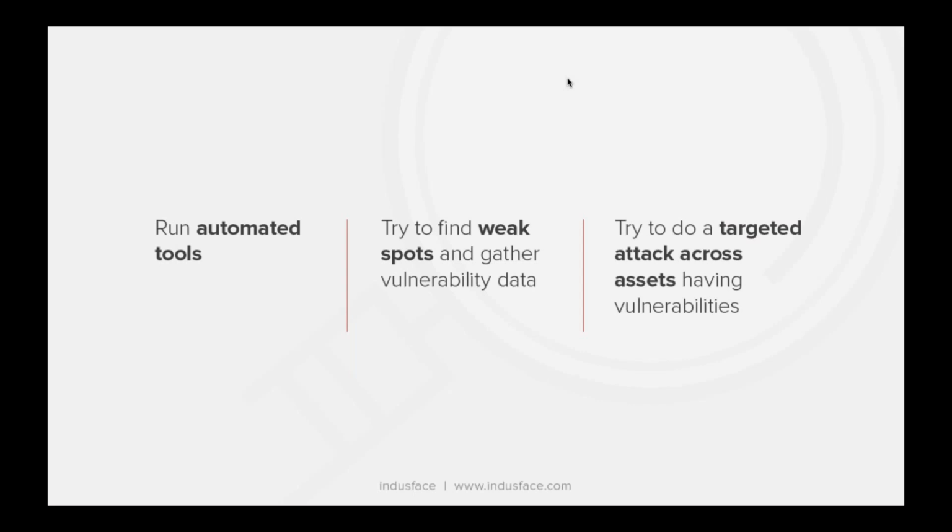Why do they do this? They are also trying to build automation and get the biggest bang for the buck. So they run the automated tools and find the weakest spots that they can use to do a targeted attack on your application. That, in a nutshell, is what a hacker tries to do, instead of trying to shoot in the dark.